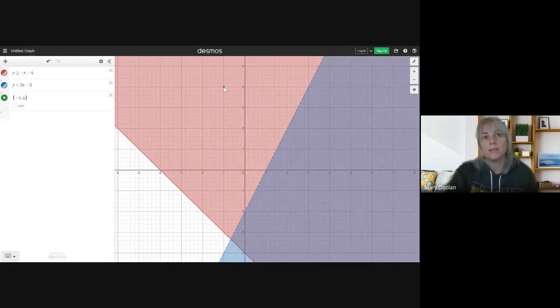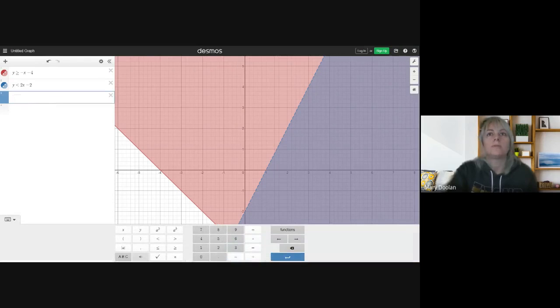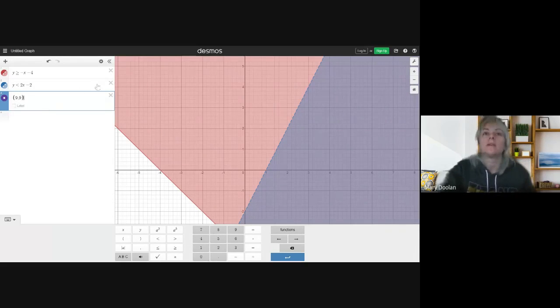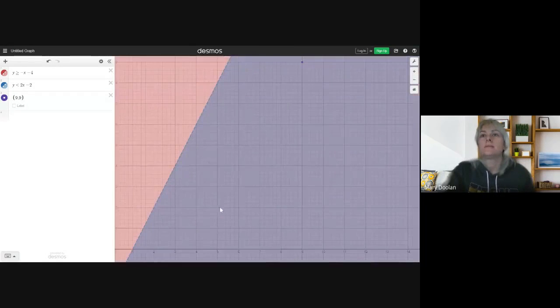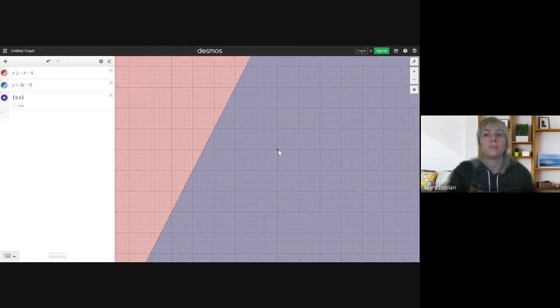This is just in the pink, that's not the solution. Okay, so I can take that one off. And then Mauricio pointed out that (9, 9) is the solution. And so that's where you're going to drag your star to, because if I do type that in, and here it is. It's in the purple, completely within the purple.